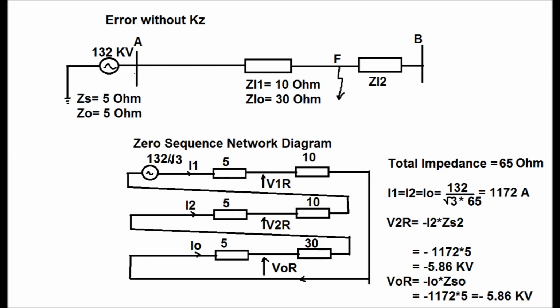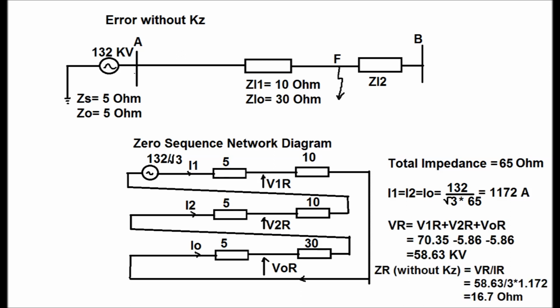So at the relay point we calculate VR, that is the voltage, as the sum of the three sequence voltages, that is VR is equal to the sum of the positive sequence voltage, negative sequence voltage and zero sequence voltage. Now we can calculate ZR, that is the impedance in terms of distance, without the value of kz. It comes as the red phase voltage at the relay point divided by the red phase current at the relay point.